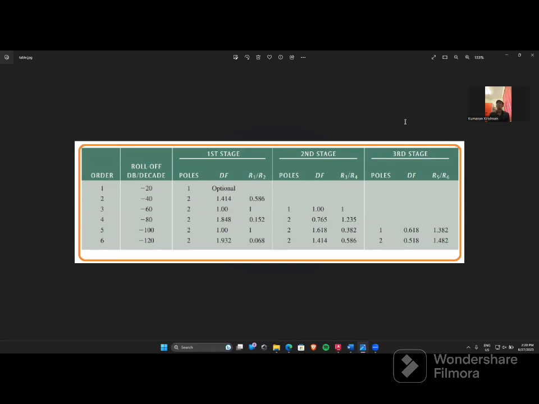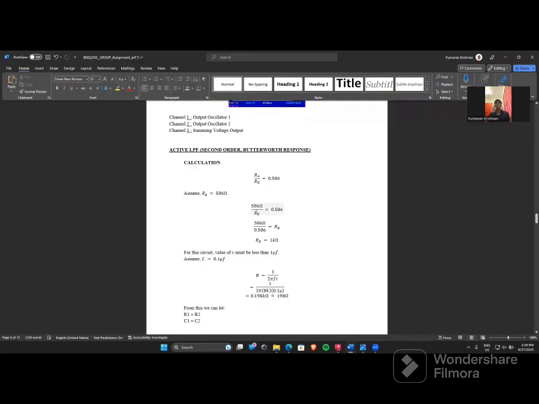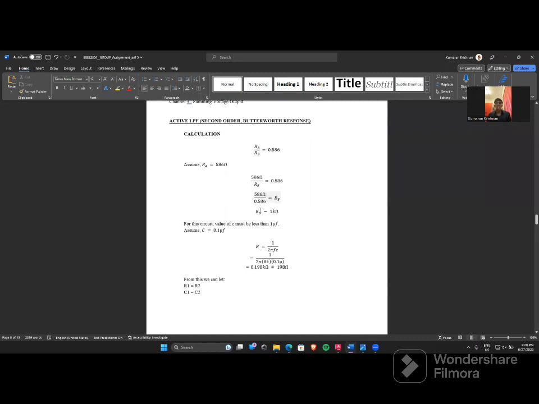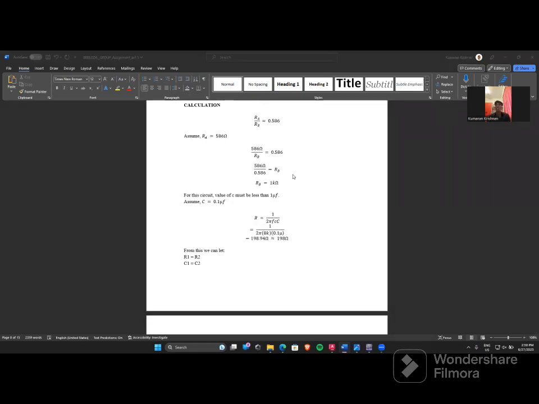As you can see in the calculated values, I assume RA is 586 ohms. Then putting the values in the equation, we get RB as 1 kilo ohm. For this circuit, the value of the capacitor must be less than 1 microfarad, so I assume C is 0.1 microfarad.